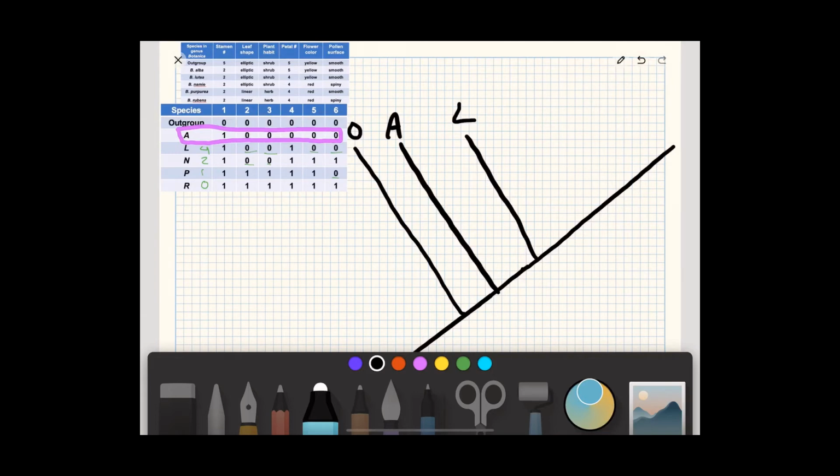And now we need to look at the other three. We've got N and P and R. And we need to decide, are any of these going to be more closely related to L than they are to each other? If so, they will need to be branched directly off of that L lineage.